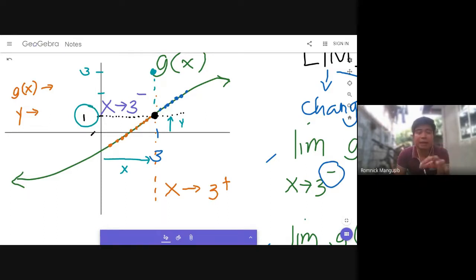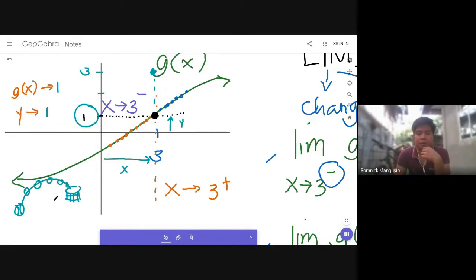Class, para lang kayo you boys, for example, you're playing basketball. Well, you are definitely aware that when you are playing basketball, you're throwing that ball, and this is the ring, for example. Ano nangyayari sa bola habang nagpapalit ka ng time?